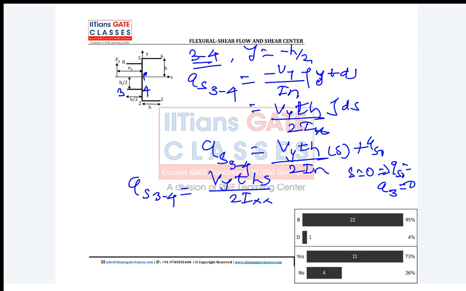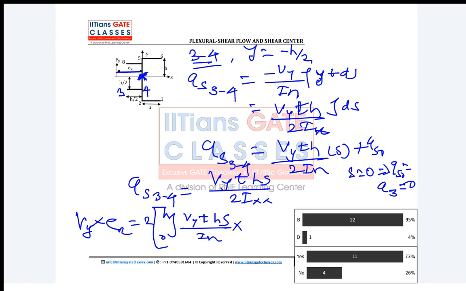Now, we know Q_s 3 to 4 and Q_s 1 to 2, and we will take moment equivalence about this symmetry point. So Vy into e, suppose this distance is ex, equals 2 times, first don't forget to write 2, integration 0 to h of Q_s 1 to 2, which is Vy t h s upon Ix into ds, then the moment arm is h.